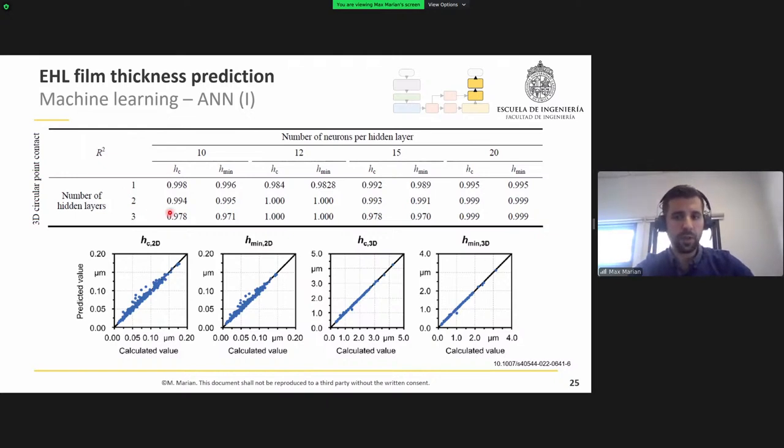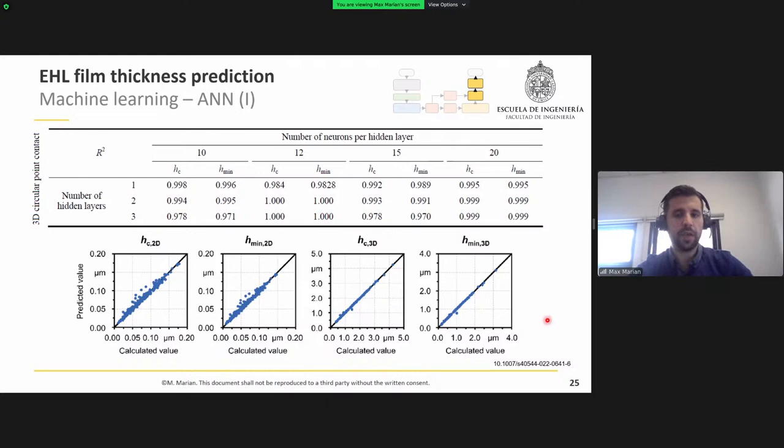Therefore, the lowest R square values resulted from only one hidden layer, followed by 3 and finally 2 hidden layers with the highest accuracy. And regarding the number of neurons, the configurations with more than 10 neurons proved to be quite good. So since 12 neurons in 2 hidden layers gave us the best results, we kept this configuration for the following predictions.